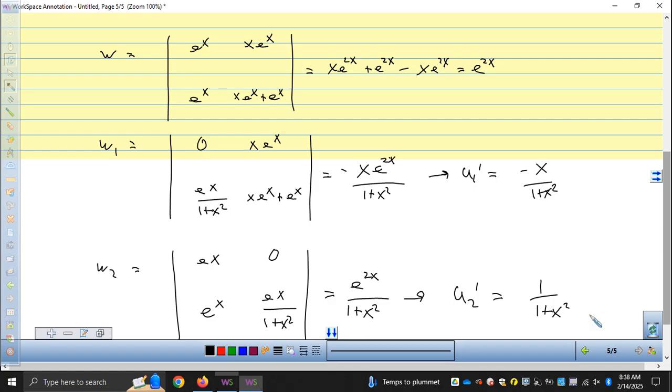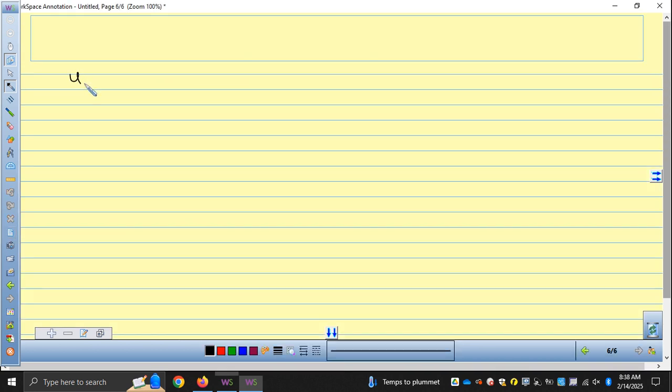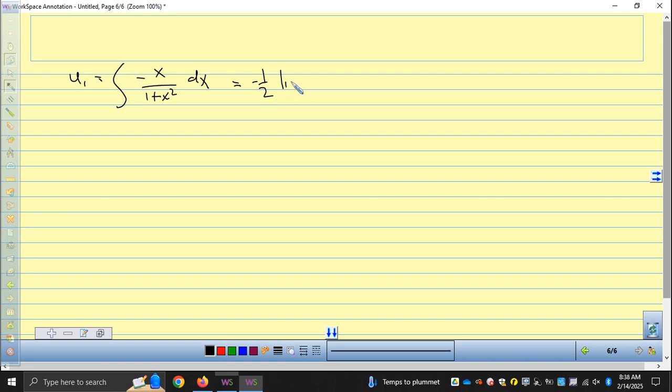I'm going to change pages now. So U1 is the integral of minus x over 1 plus x squared dx. That's a nice u sub. So that's just negative 1/2 natural log of 1 plus x squared. Negative because of this, the 1/2 because of this 2 here.